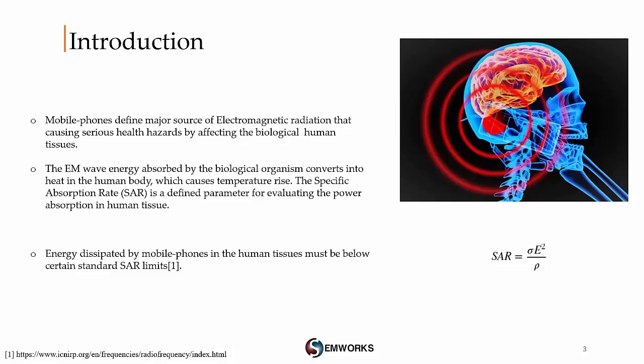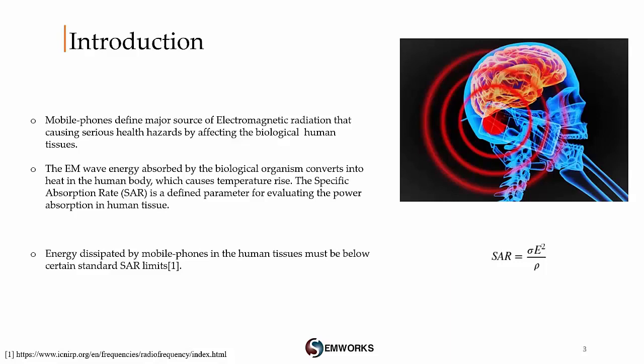Part of it is absorbed in the body, and the biological organism then converts this power into heat, which causes temperature rise and severe health damage due to the heating effects. So a common requirement for mobile phones is that the energy dissipated in the human tissues of the user has to be below certain standard limits.